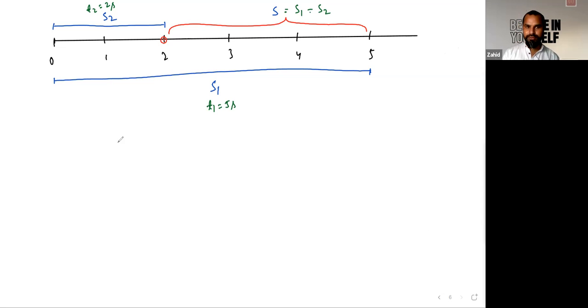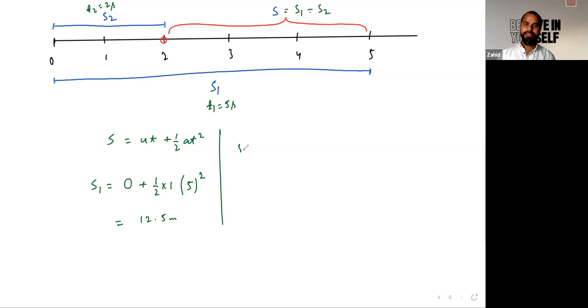By using the second equation of motion, S equals ut plus half at square. Just put t equals 5 seconds for the first part. So S1: u was 0 plus half, acceleration is 1 and time is 5 seconds. So it will be 25 over 2, that means 12.5 meter.